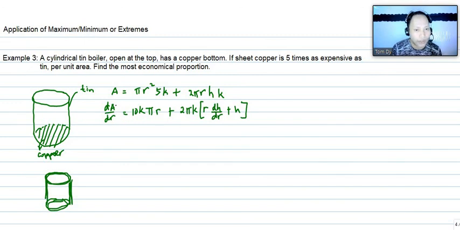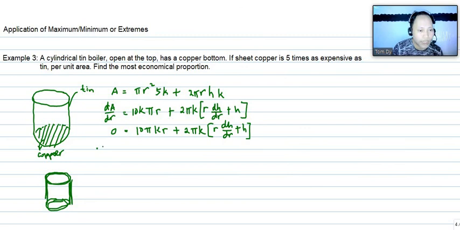And then of course we have dA over dr. Equate this to 0 for extremes. Then we have 10 pi kr plus 2 pi k times r dh over dr plus h. And then transpose this one to the other side.